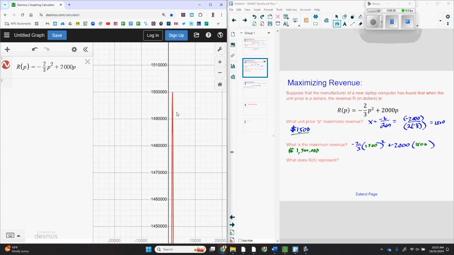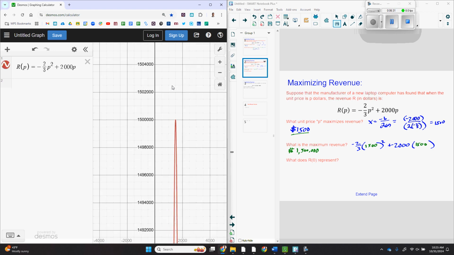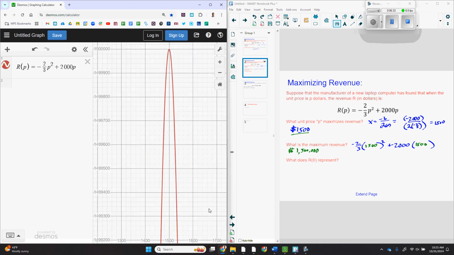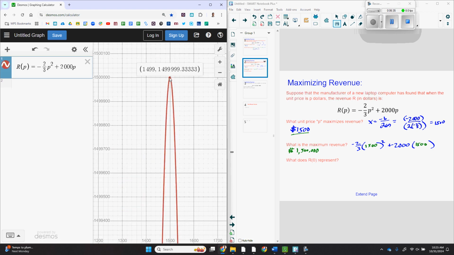You can see our curves coming up. And so at the top of this, it should have a point for me. If I hover over this or click it, yeah, this is the point 1,500 and then 1.5 million, meaning that if I sell those laptops for $1,500, the max revenue will be 1.5 million.